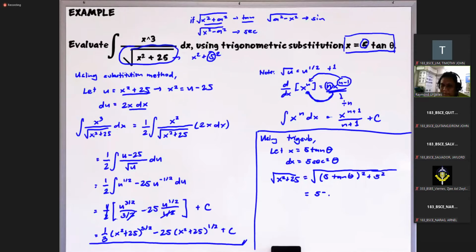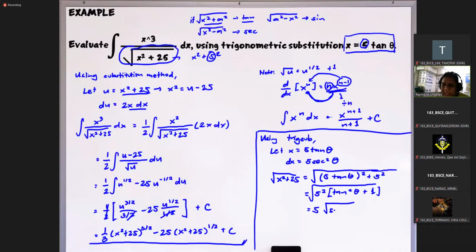So this will be 5 squared multiplied by tan squared theta plus 1. And if you're familiar with trigonometric identities, tan squared plus 1 is secant squared. So this will be 5 square root of secant squared theta, and square root ng secant squared theta is secant of theta. So itong nasa denominator, magiging 5 secant of theta na lang siya.